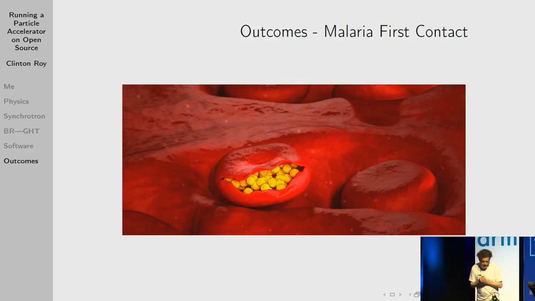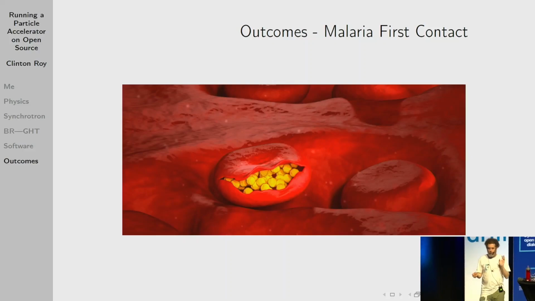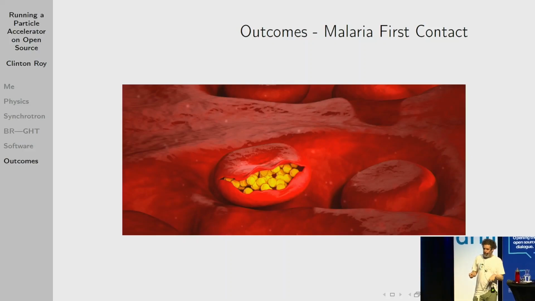Synchrotrons were used to take images of malaria. Malaria has a hilariously complicated life cycle. It goes in and out of multiple warm bodies across its life cycle, and it's very difficult to track. And synchrotron techniques are pretty much the only technique we can use to begin to uncover them.